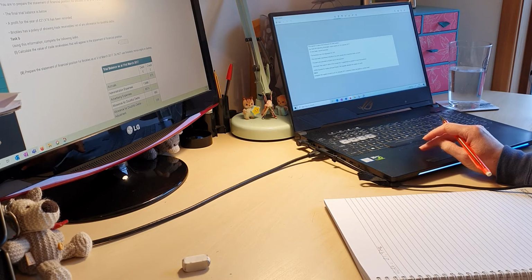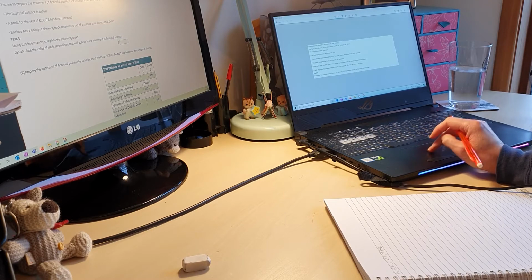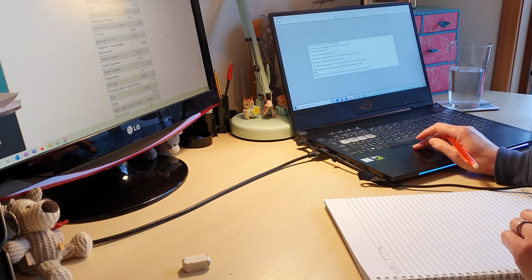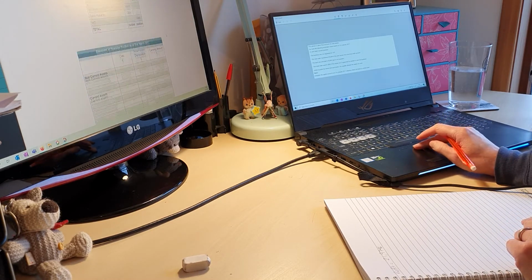Calculate the value of trade receivables that will appear in the statement of financial position. Okay. Oh, that's a lot.